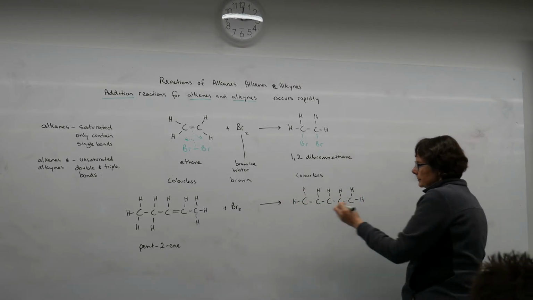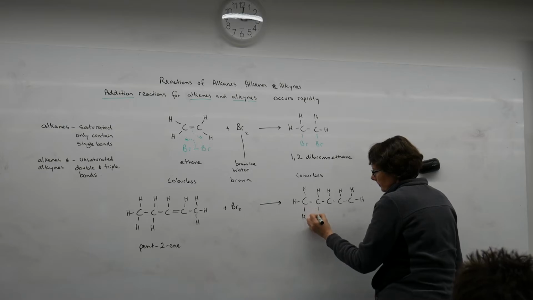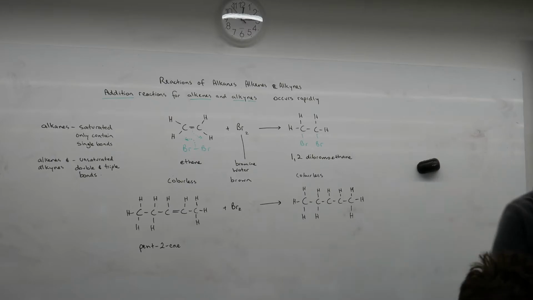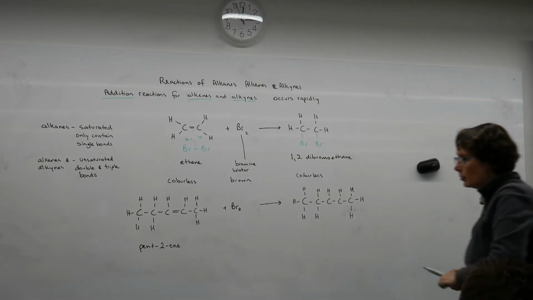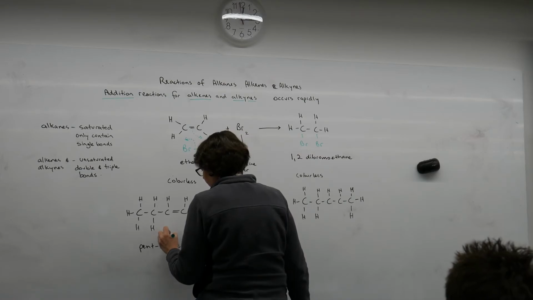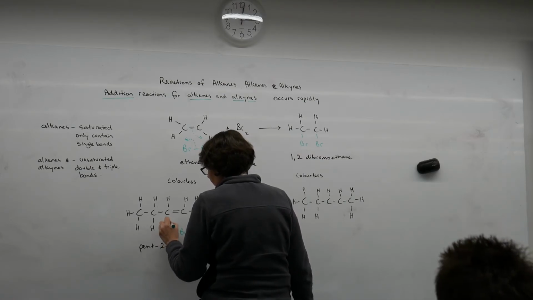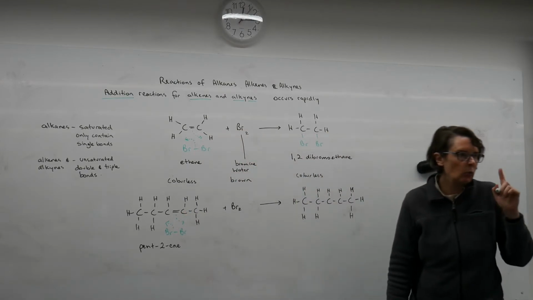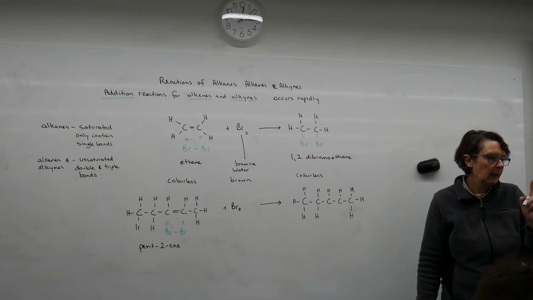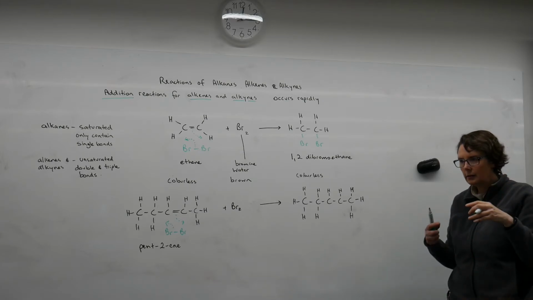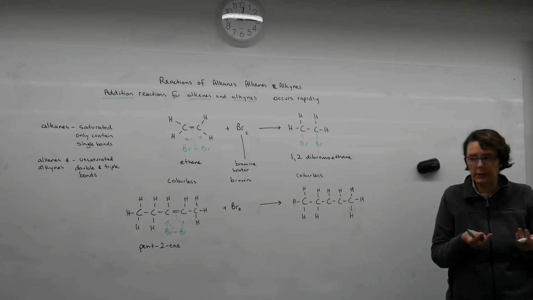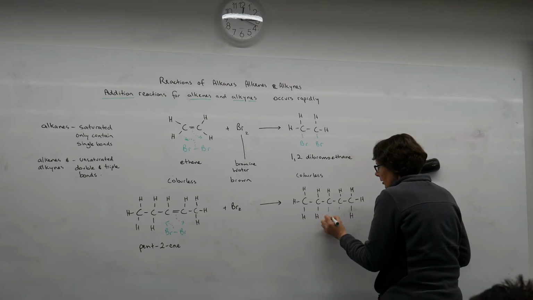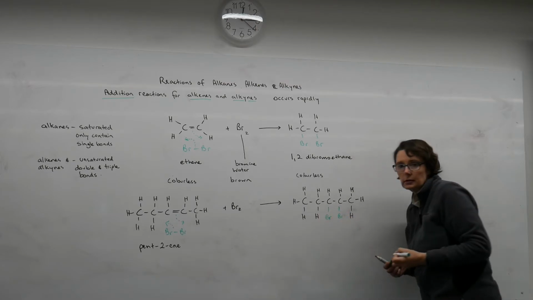The thing is, that if we look at remembering the mechanism for this bromination, there's actually only one product, and it always has to be that the halogen is added across the double bond. So this is our only product.